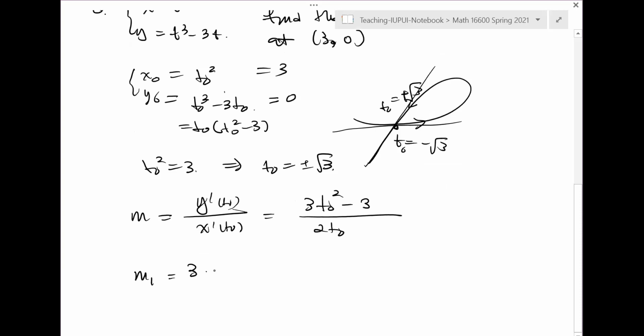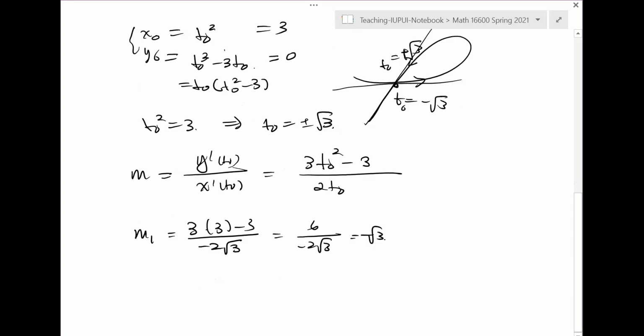So that's 3 times 3 minus 3, divided by 2 times negative square root 3, so it's going to be 6 over negative 2 square root 3. So the answer here is negative square root 3, after simplifying. The second one, the denominator is positive square root 3. So after simplifying, it's just positive square root 3.